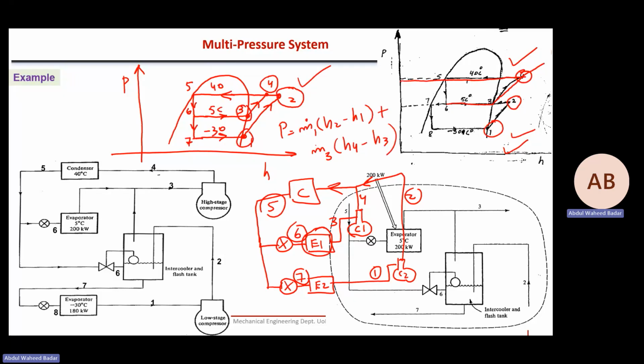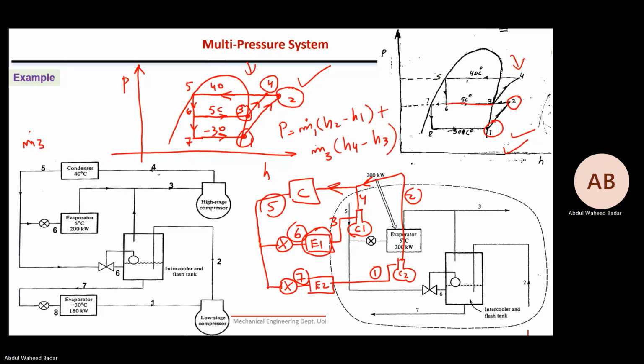So what will be different is m dot, but H, which is per kilogram, will be the same. m3 in this system will be different from the previous one. But what about H3 and H4? Those will be the same. I say yes, H3 and H4, which were here, will be the same here.